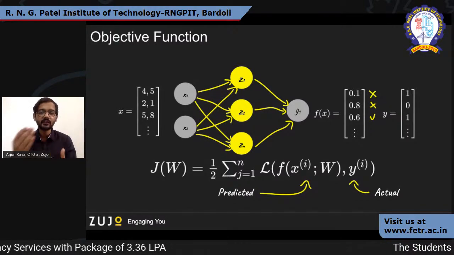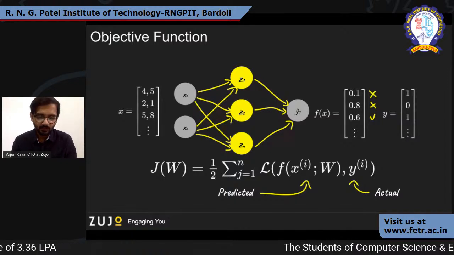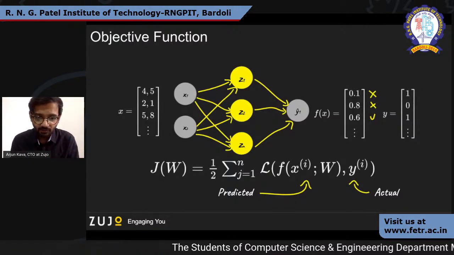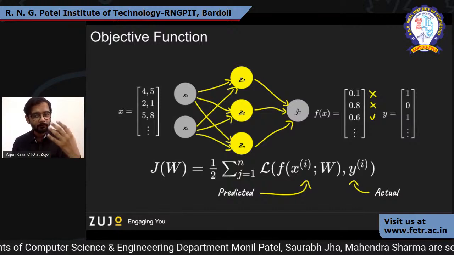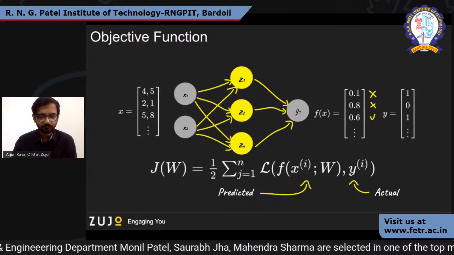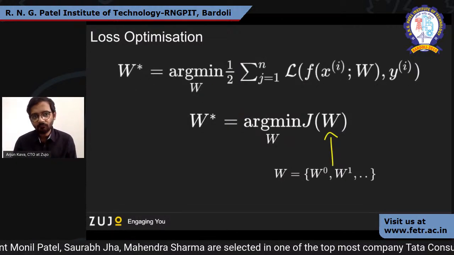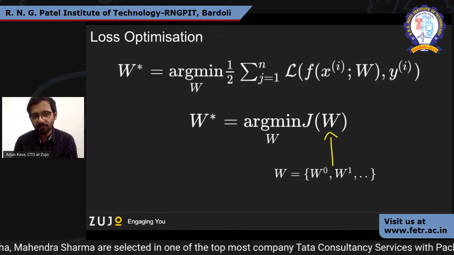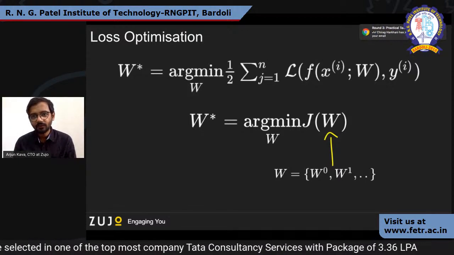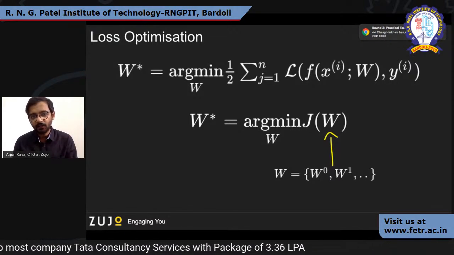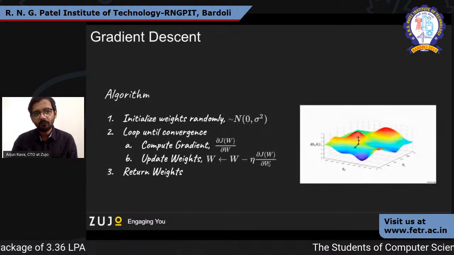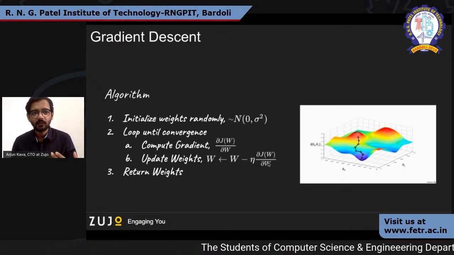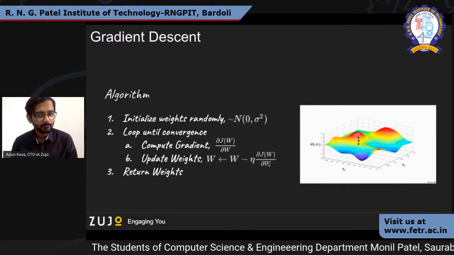So the loss function gives you the insight, or penalizes the network and weights, to understand that this particular outcome is not true. Then we explored loss optimization using argmin.